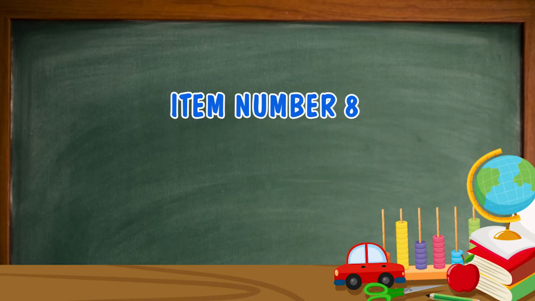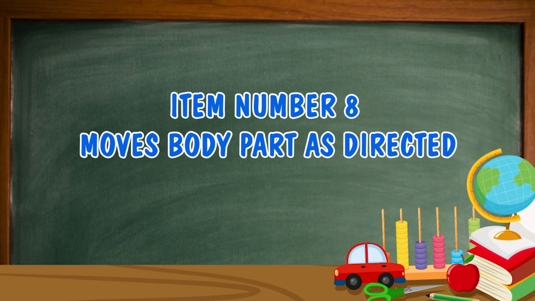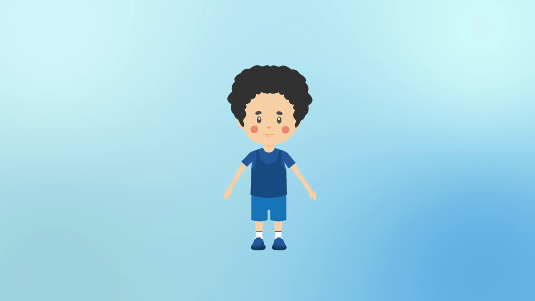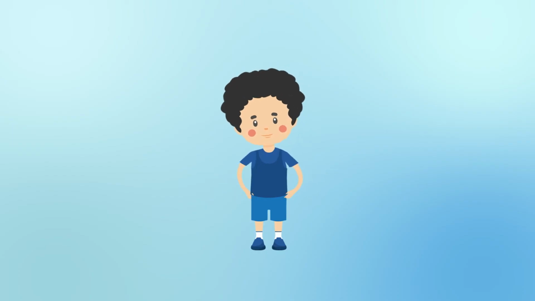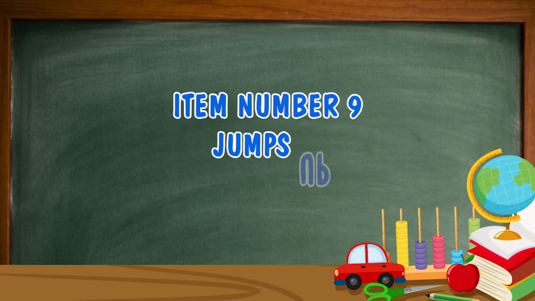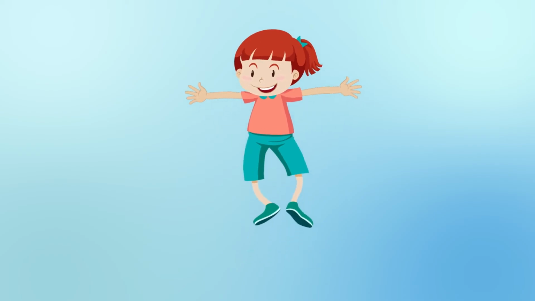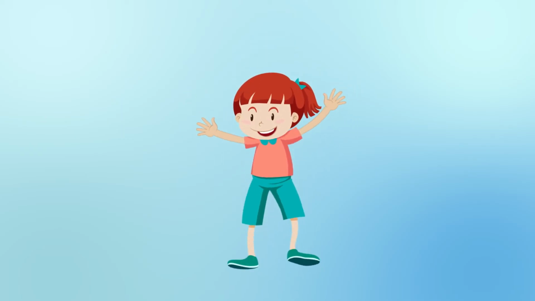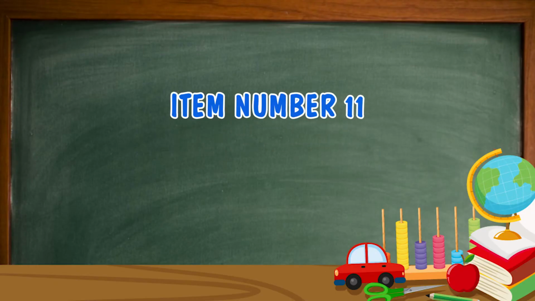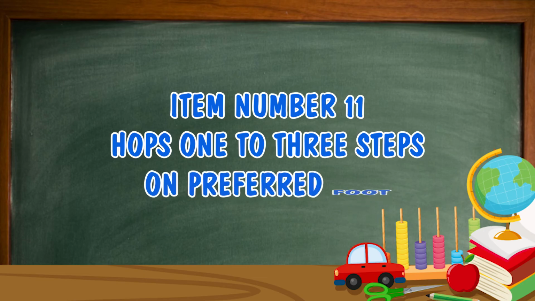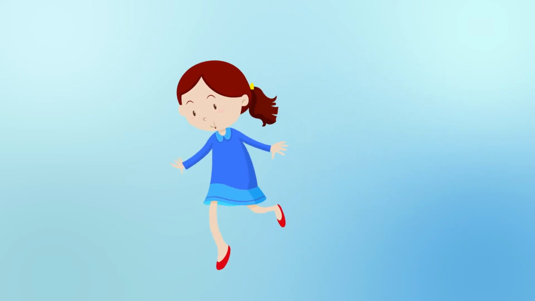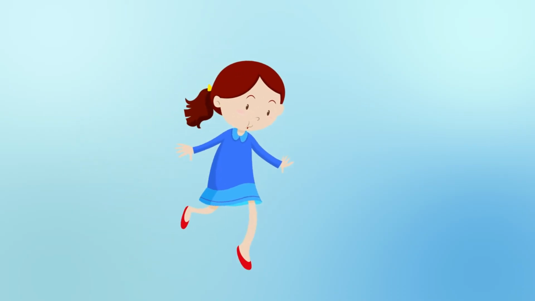Item number 8, moves body part as directed. Naigagalaw ang katawan ayon sa sasabihing kilos. Item number 9, jumps up. Nakalulundag. Item number 11, hops 1 to 3 steps on preferred foot. Nakalulundag o nakakakandirit ng 3 beses gamit ang nakasanayang paa.